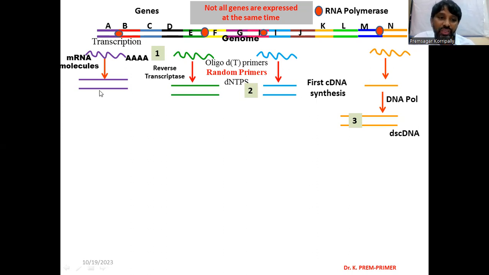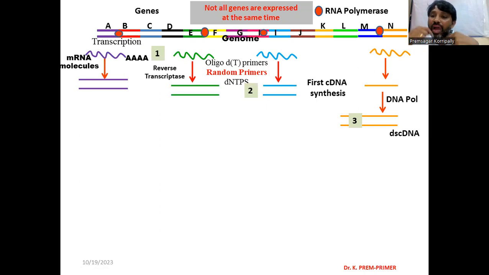Now you have cDNA molecules, but you see the cDNA molecules do not possess compatible cohesive ends. Whenever you want to clone any DNA fragment into any vector, they should have cohesive ends. When they have compatible cohesive ends, they can ligate. Then they form a recombinant molecule. So the prepared double-strand cDNA molecules do not have compatible cohesive ends.